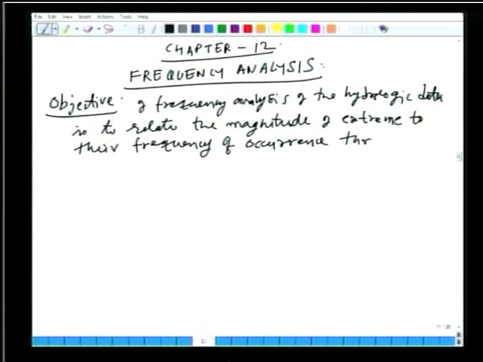How? Through the use of probability distributions.